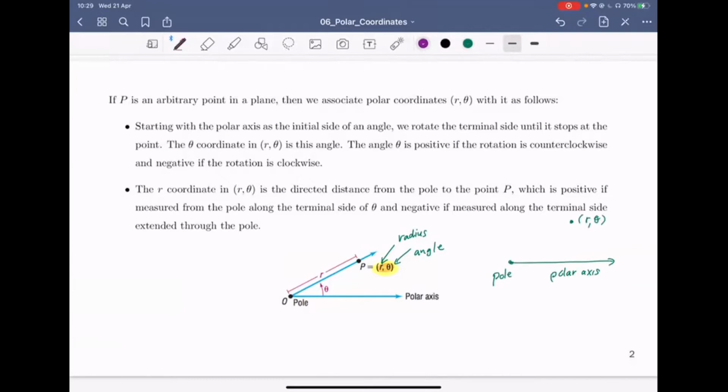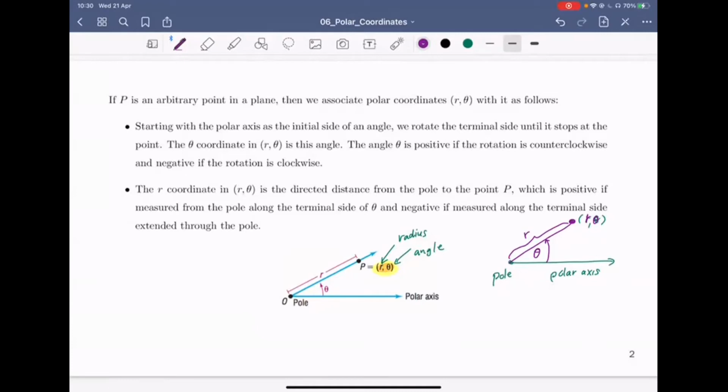This point r theta has radius r from the origin, and the angle theta is measured starting from the polar axis in the counterclockwise direction. That means your point is r and theta.